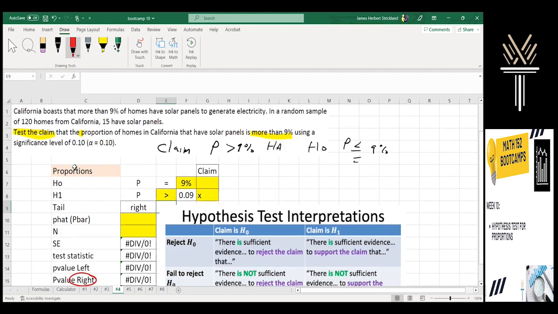We found that 15 have solar panels out of 120. So our ratio here is 15 out of 120, a total amount of 120. We want a significance level of 0.10. That's our alpha.